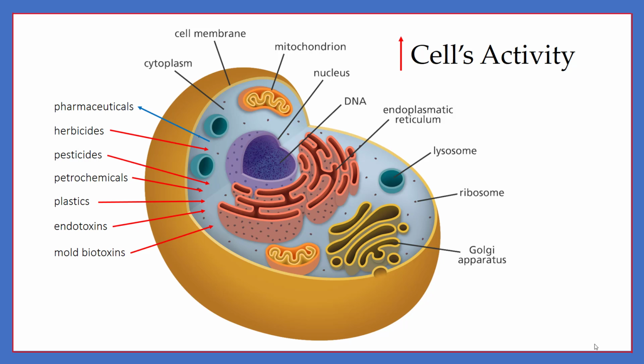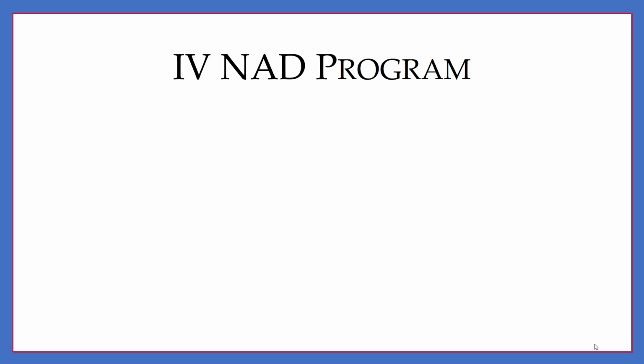So the result is that pharmaceutical residues start coming out of cells, as well as all the other residues and chemicals that were residing in the cell. They're also excreted. And this is the tremendous result of the NAD, increased cell activity.